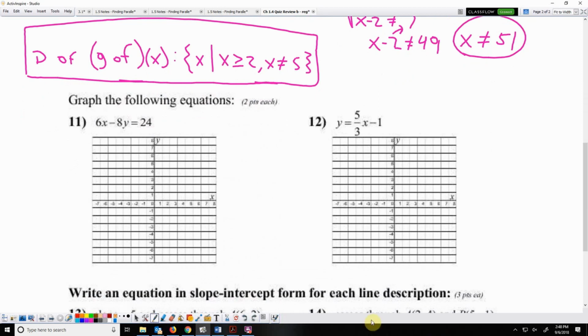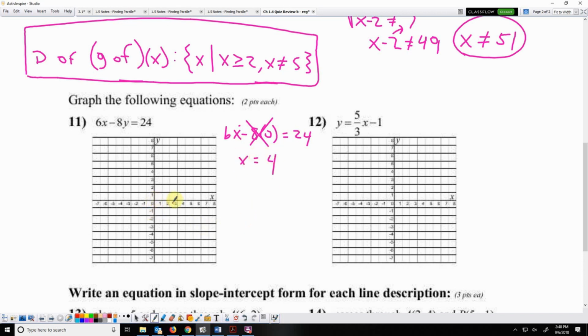Graph the equation. For number 11, I would use the x and y intercepts. 6x minus 8 times 0, because where you're crossing the x-axis, the y value is 0. 8 times 0 is 0, so I get 6x equals 24, and when I divide by 6, I get x is 4.